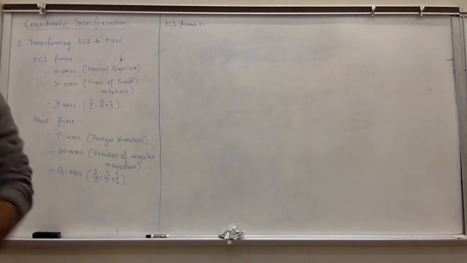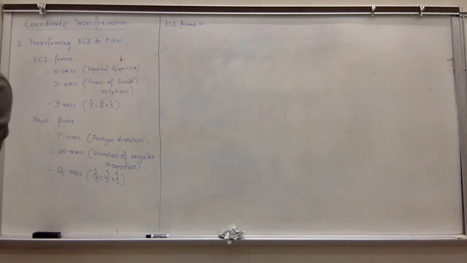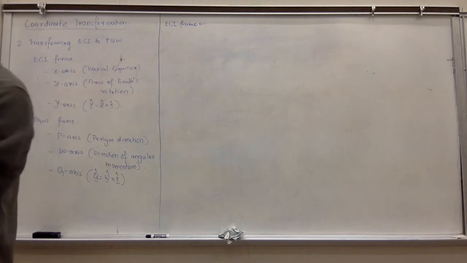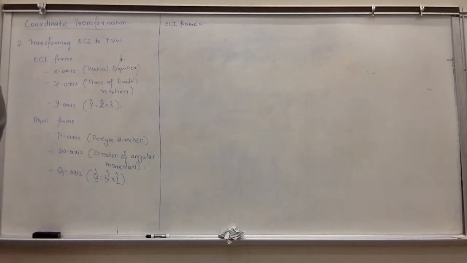If this is my equatorial plane, Earth is rotating like this. So this becomes my axis of rotation, or Z axis. Now this is my orbit, okay? So you see the orbital plane.